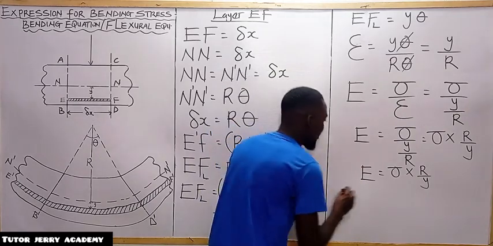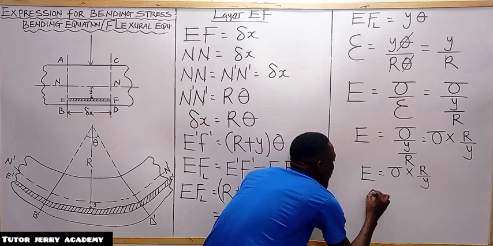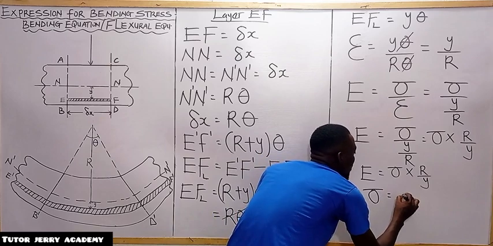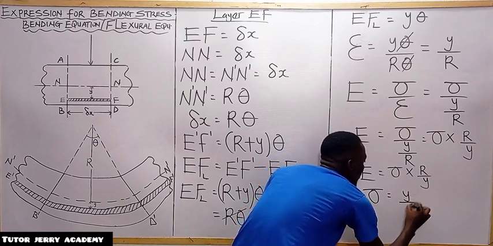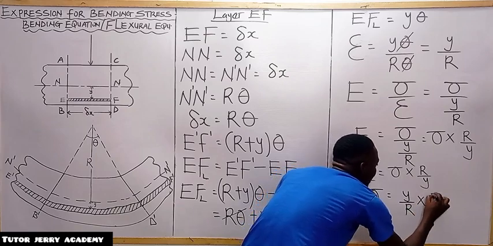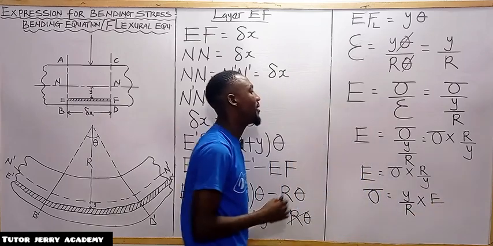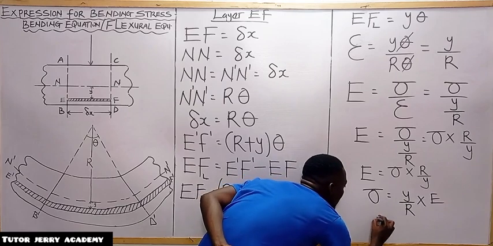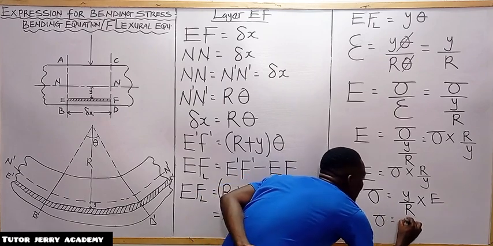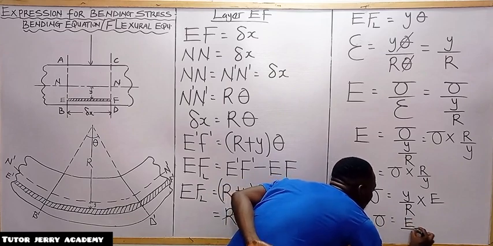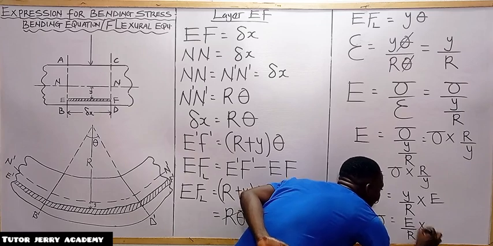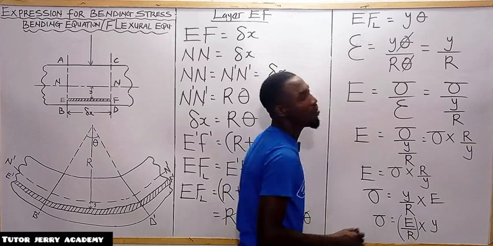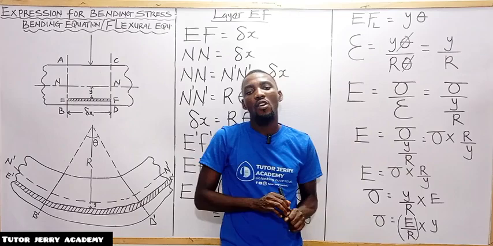So our stress will be equal to the inverse, which is Y over R, multiplied by E. Then we can rewrite this as stress equals E over R multiplied by Y.